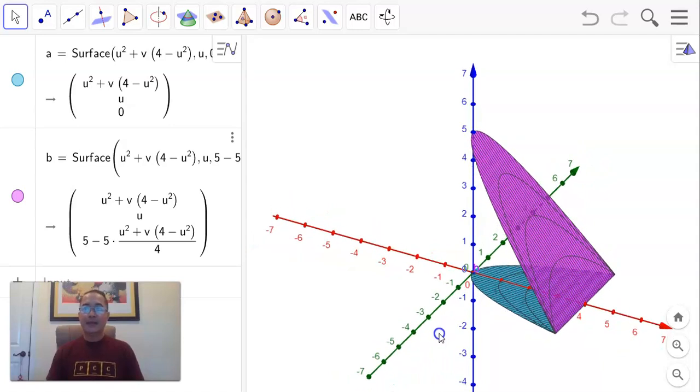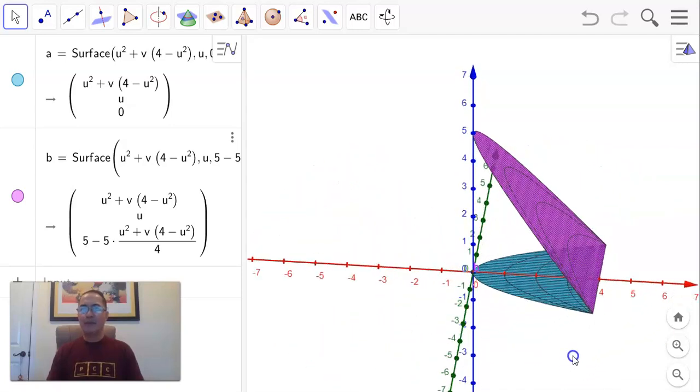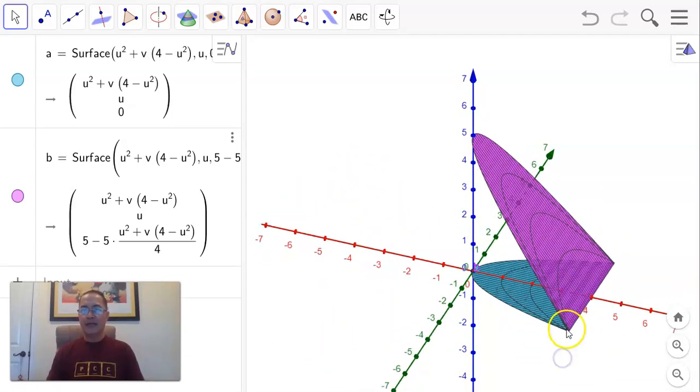Now we need the sides. At this point you might be happy with what we see already, and kind of just complete the solid in your mind, but why not? Let's actually complete it with a third surface. How do we do that now? Now I want to walk along the parabola, that is x equals y squared.